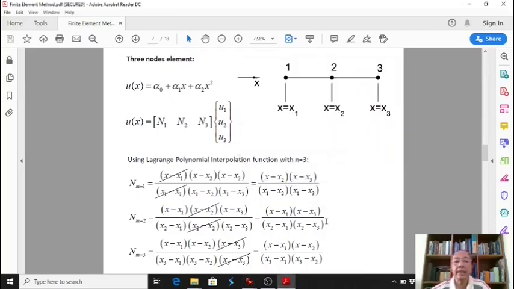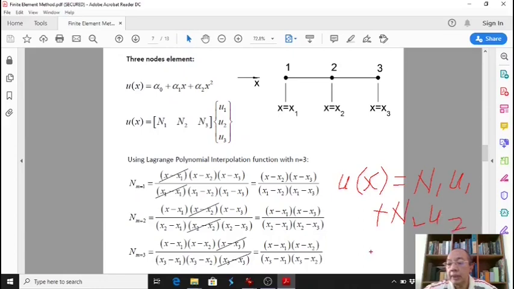So n1 and n2 represent the shape function where ux we can find from n1 u1 plus n2 u2 plus n3 u3.